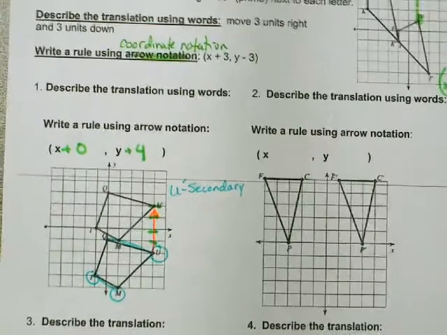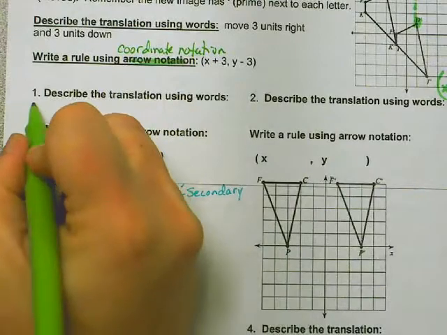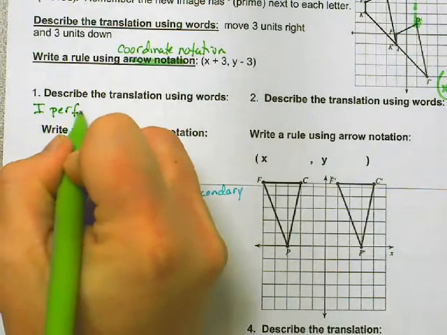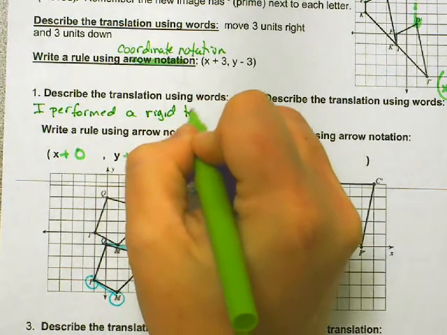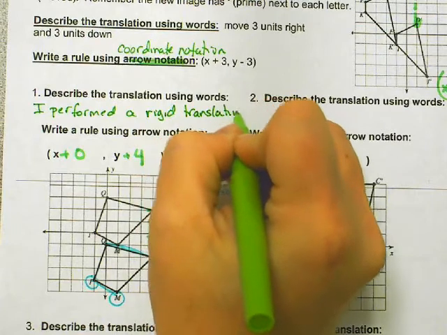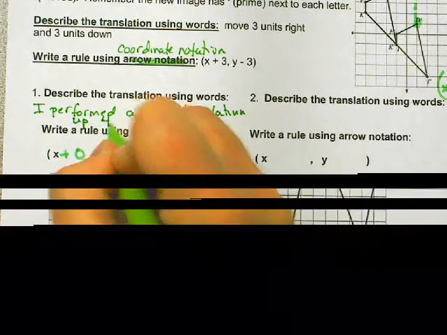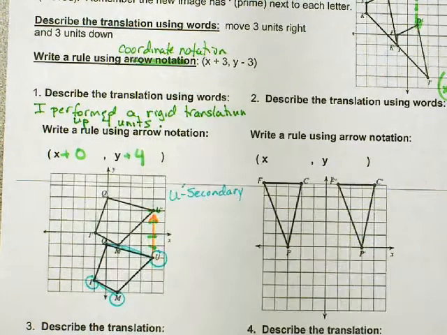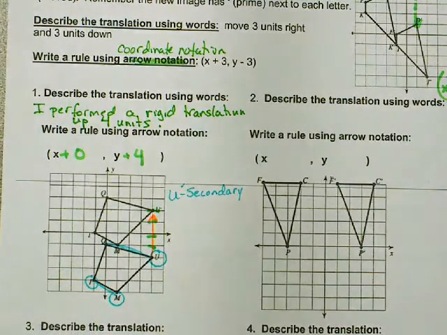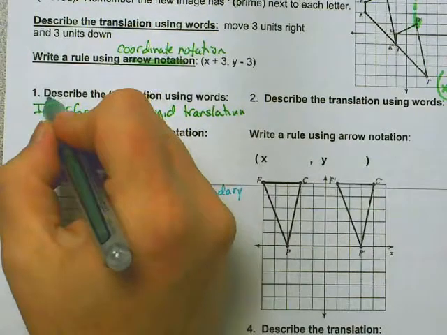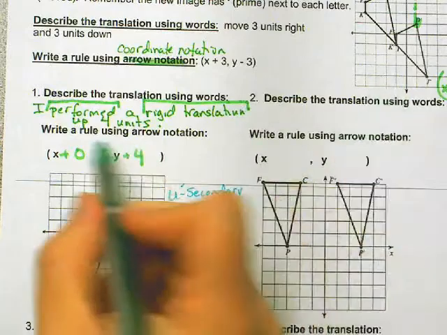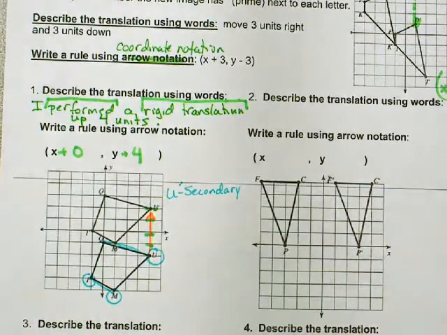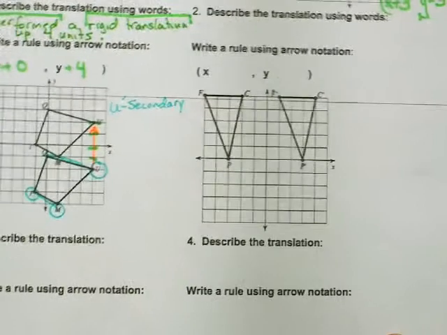Now when I go back and I describe the translation using words, I performed a rigid translation up 4 units. So what are the words I really want to see? I really want to see performed, I want to see rigid translation, and I want to see the direction. More importantly, that's what you need to get 100% on your work.